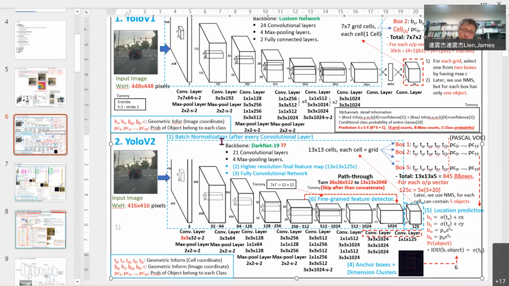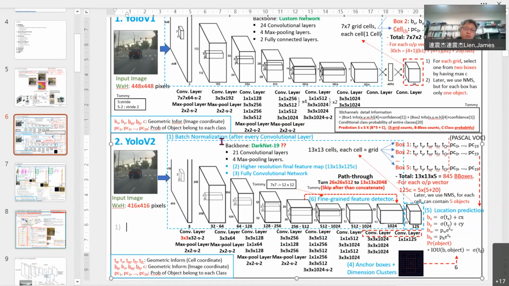That's YOLO V4. But who did this first? Not YOLO V4. Basically, what Professor Liao did in YOLO V4 was for the backbone. Others use the existing method. But the good thing is that they did the modularization. They did a good job on that.